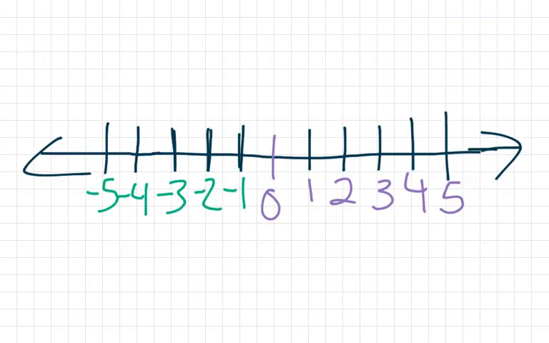So these purple numbers are positive numbers, or in front of the 0. And our 0 is located right in the middle of this number line. Now, our negative numbers are always going to be on the left-hand side of the 0 or below the 0. Now, you're probably like, well, that's just -1 or -2, -3, -4, and -5.